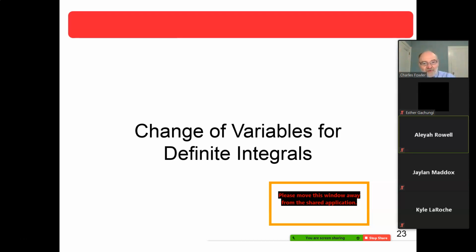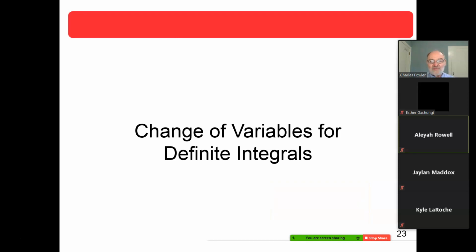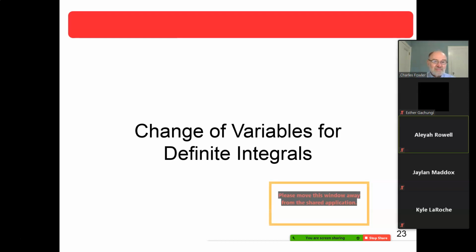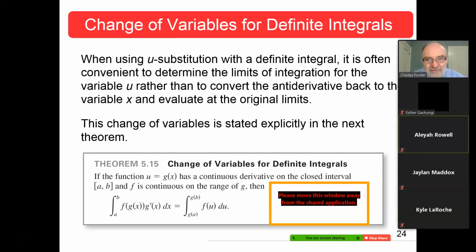You could do everything like we just did with indefinite integrals, go to the u's, and then at the end of the problem, plug in what u was, and then plug in what your definite integral limits were. That's a couple of extra steps. This is the lazy man's way of doing it, which I think makes a lot more sense. So we've always got to change variables because you've got to have the u in there. So we're going to show you a couple ways to do that.